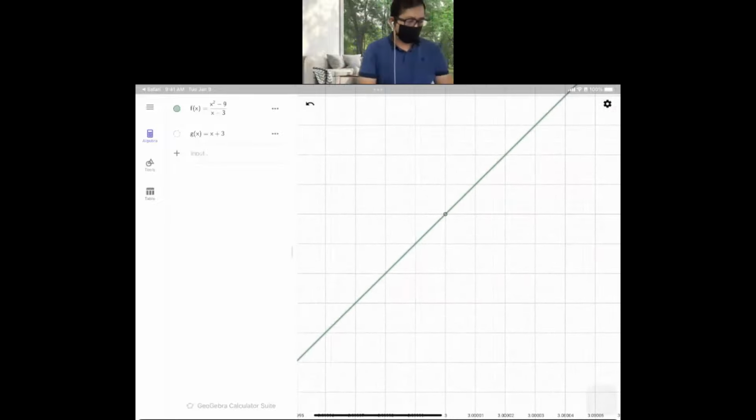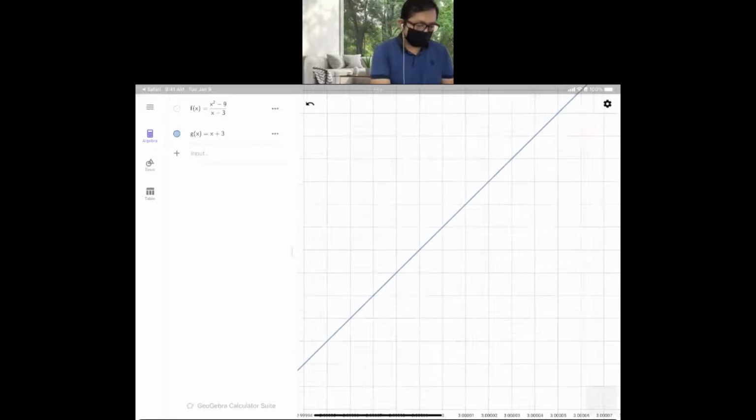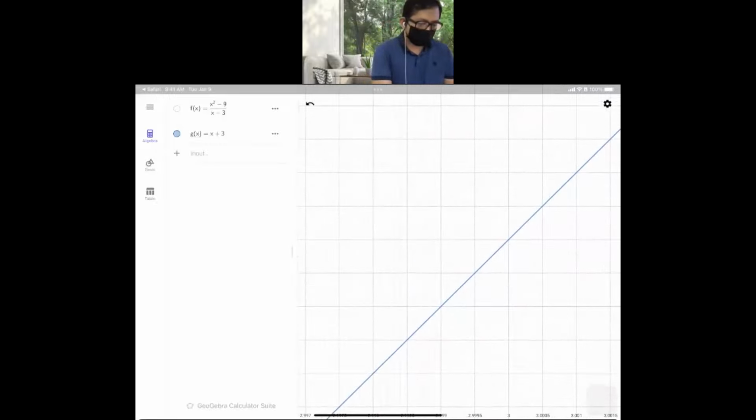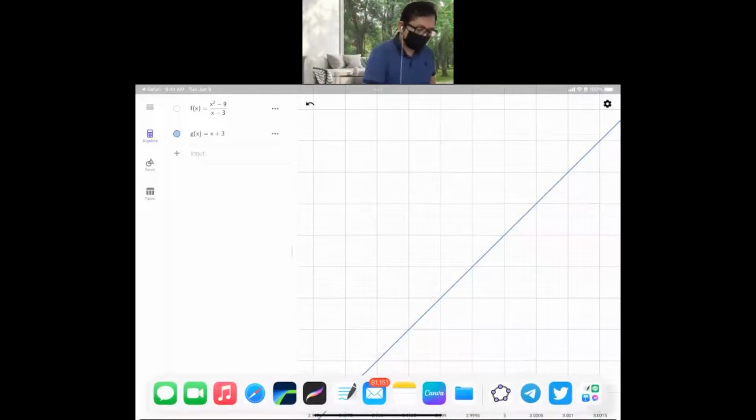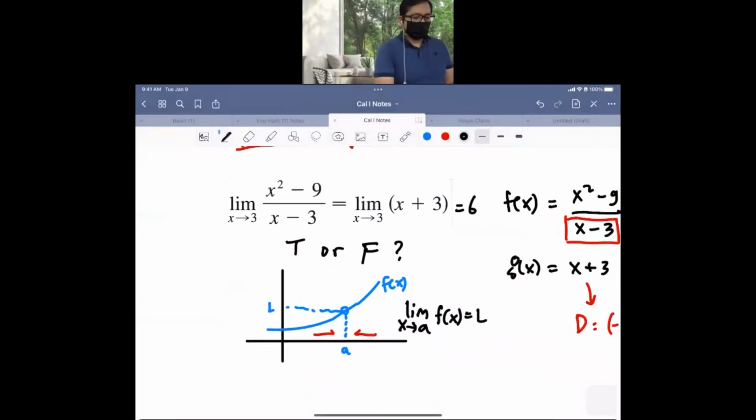And another way we look at it is the other function. So this is a different function, but it has the same limit. Got it? Okay. And basically, this is also our introduction for today's class.